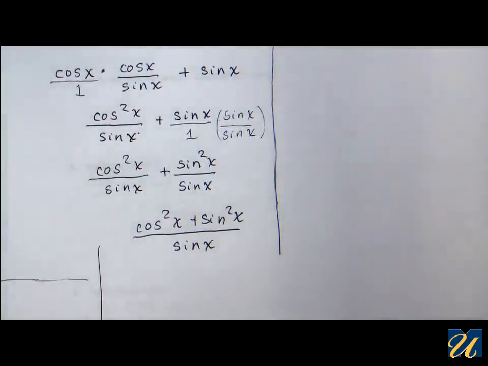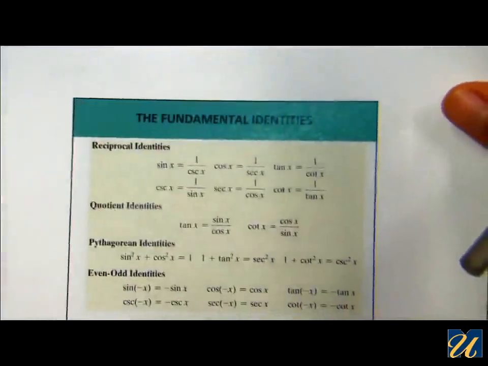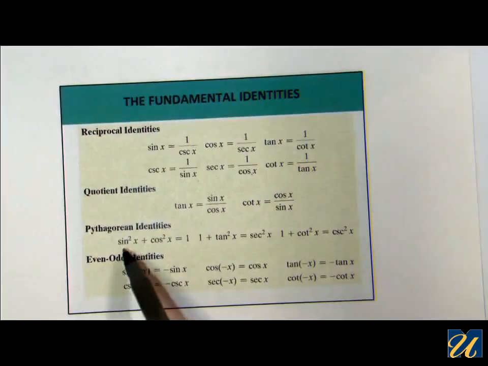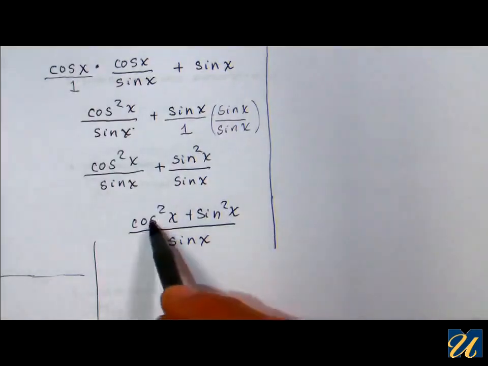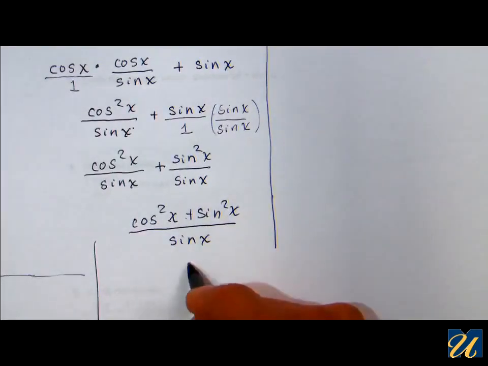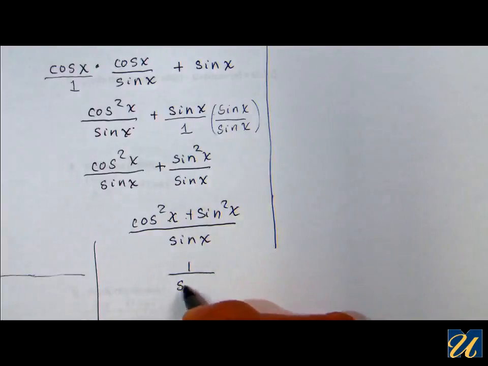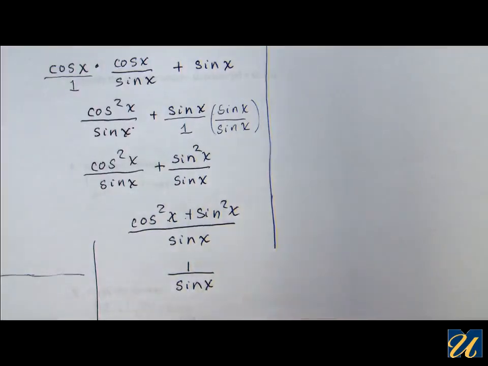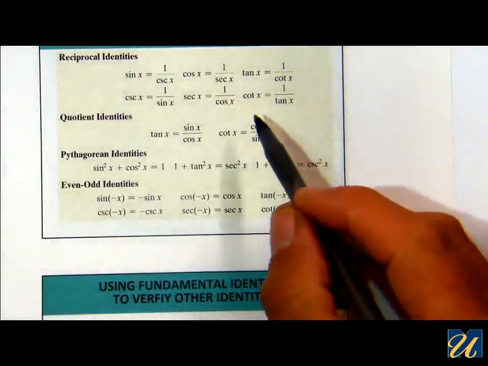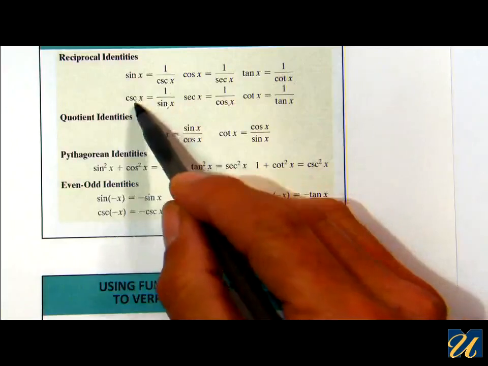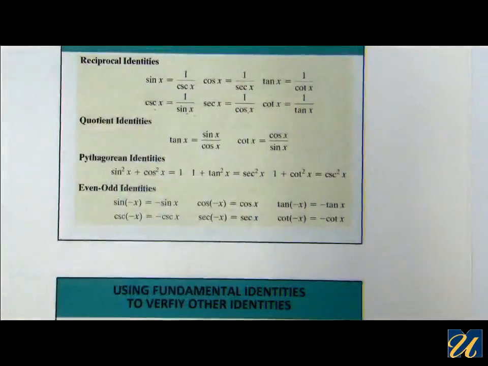Now, one of your basic fundamental identities is the Pythagorean identity: sine square plus cosine square is equal to 1. So we can, at any time, replace cosine square plus sine square with 1. That gives 1 divided by the sine of x. Going back to our fundamental identities, 1 divided by the sine of x is the cosecant of x.